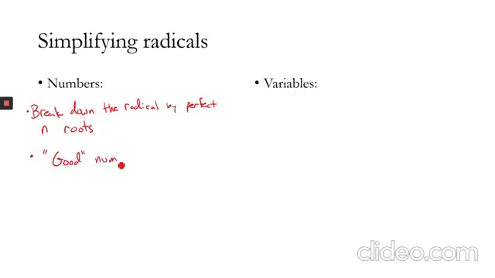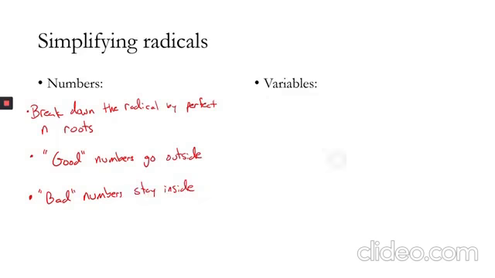So remember back to elementary recess. The good numbers get to go outside. And in this case, the good numbers are the perfect squares or perfect cubes or perfect whatever in terms of our n, our index. The bad numbers stay inside as the radicand.